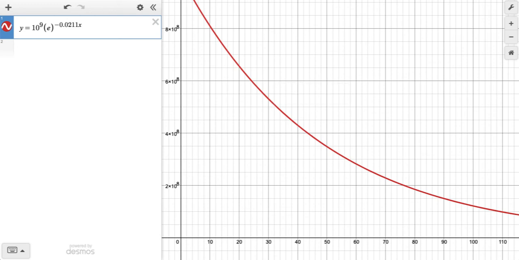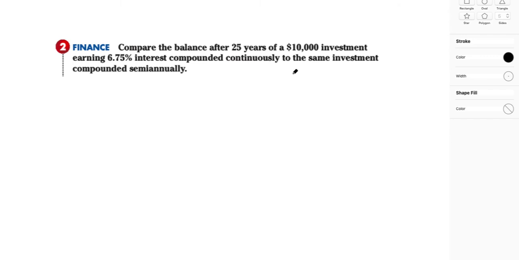Hold on, guys. This example is going to use investment with continuously compounded interest. They're asking us to compare, after 25 years, $10,000 invested, earning 6.75% compounded continuously, to the same investment compounded semi-annually.